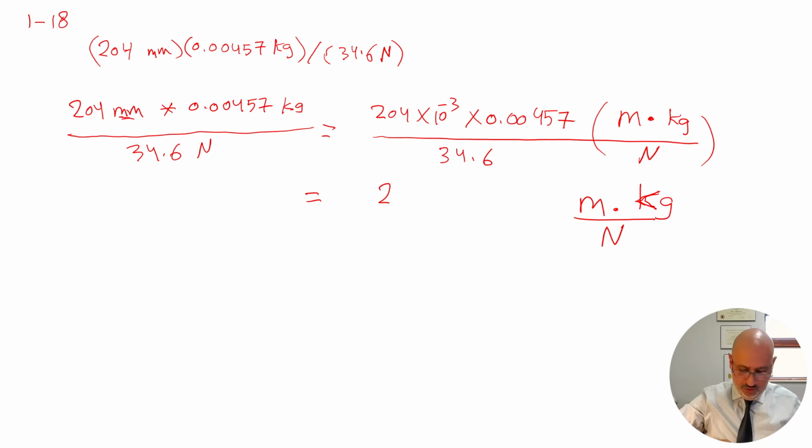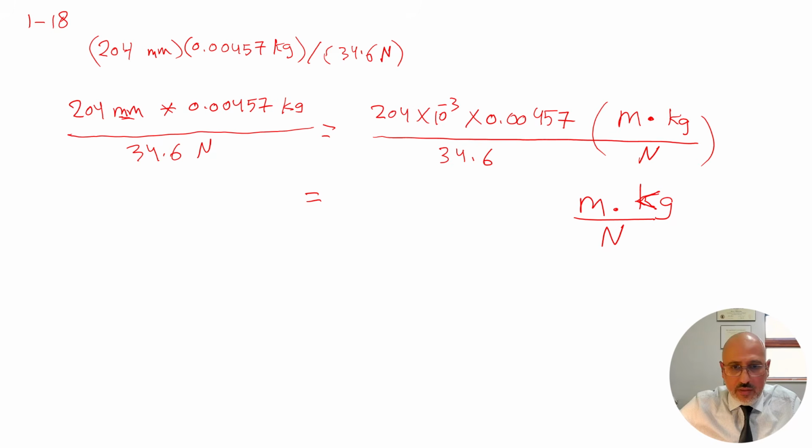So 204 multiplied by 0.00457 equals, you divide by 34.6, and that is going to be for you is this. I'm going to get the 10 to the power minus 3 on its own down here and do just the calculations of the numbers.